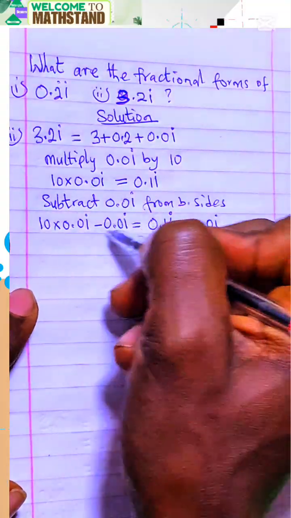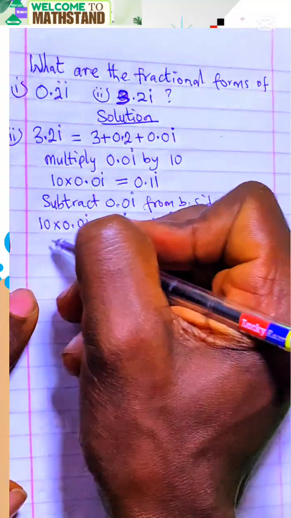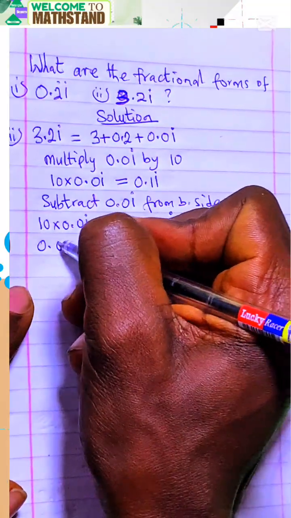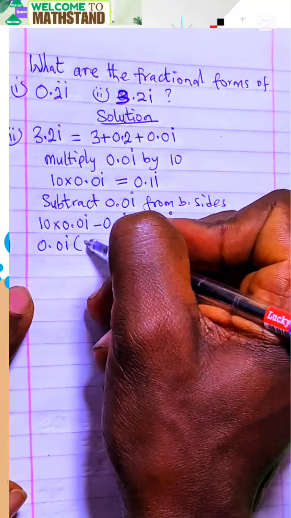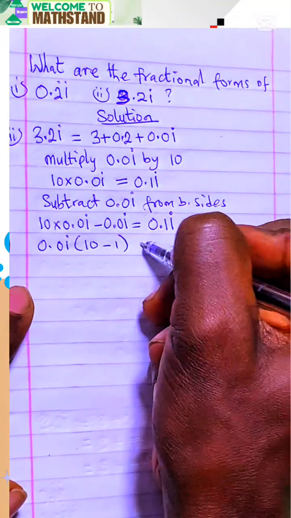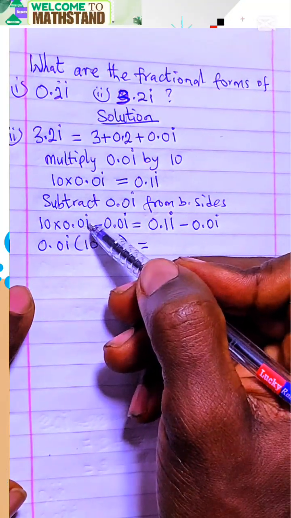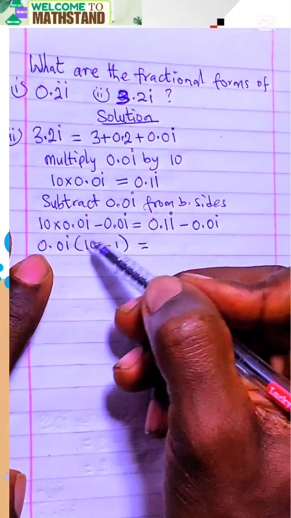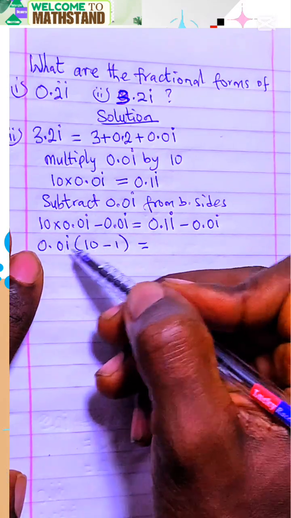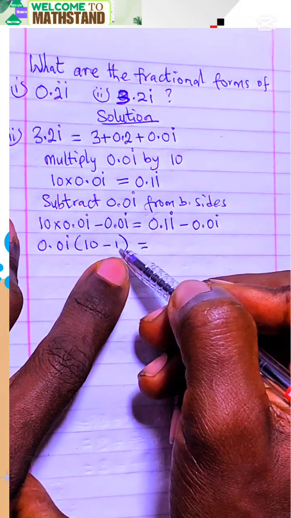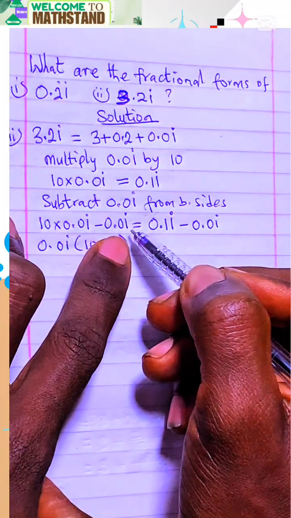So from here, 0.01 is common in the first term, and in the other term 0.01 is common. Then we have 10 minus 1. I believe you understand why we have this. When we take 0.01 out, it's the same thing as what we've just done here. 0.01 times 10 will still return us back here. 0.01 times minus 1 will still return us back to minus 0.01.